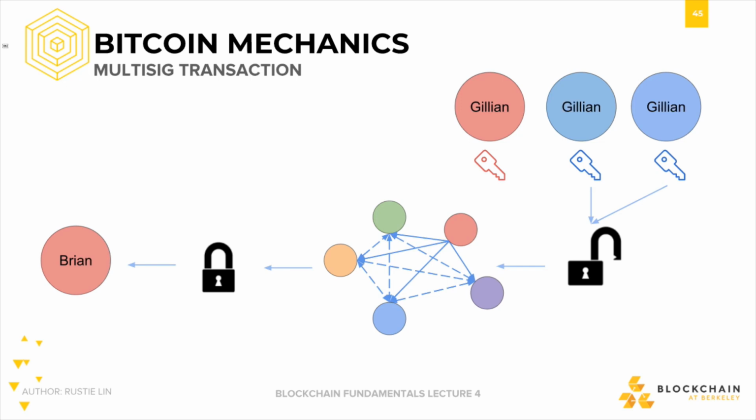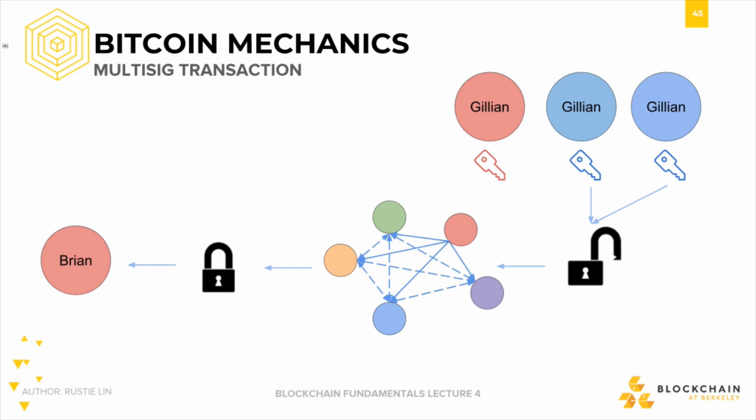Another idea is, let's say Jillian just wants to be extra secure, and so she'll set up a multi-signature wallet with just herself. She has 2 computers and her phone. Let's say one day she loses her phone with her private key on it. Even though she loses her phone, she can still use her 2 computers to unlock this wallet and send her funds to someone else.